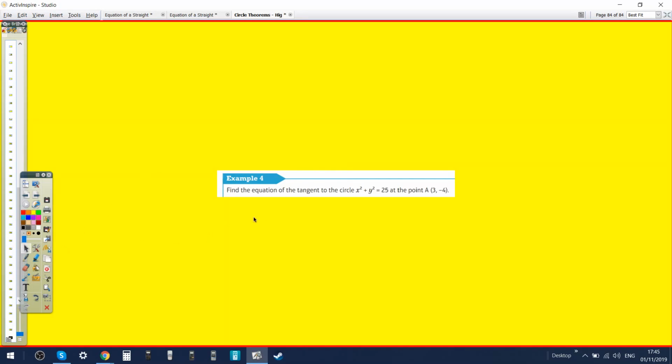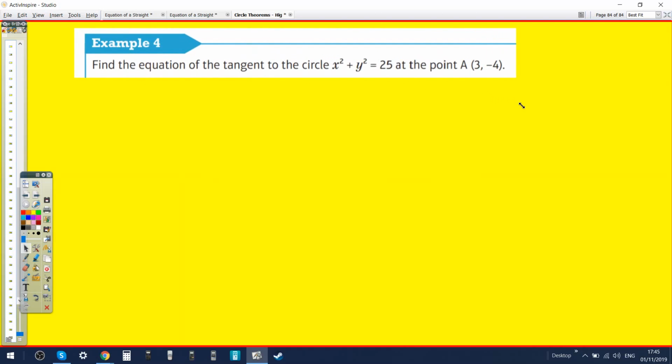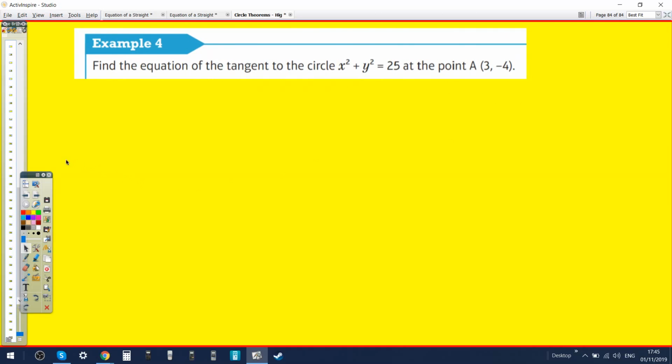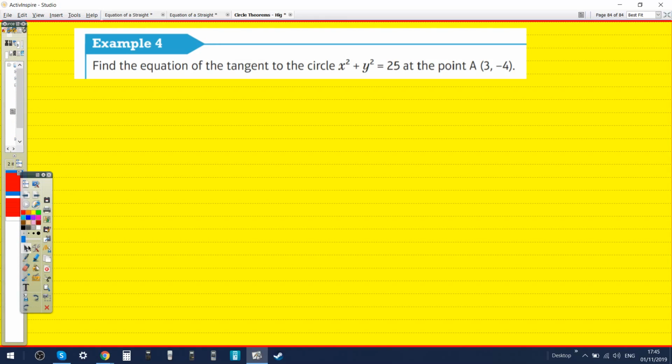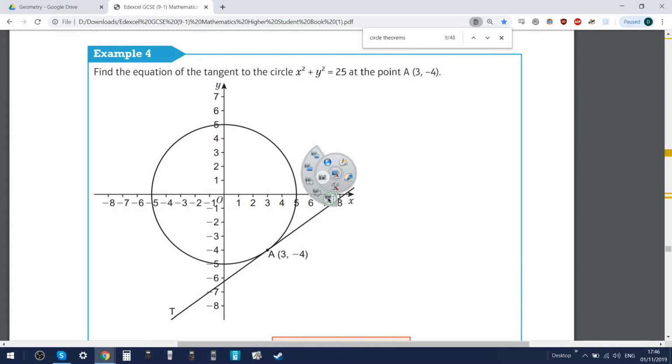Okay, any idea how we do this? This is what it looks like.